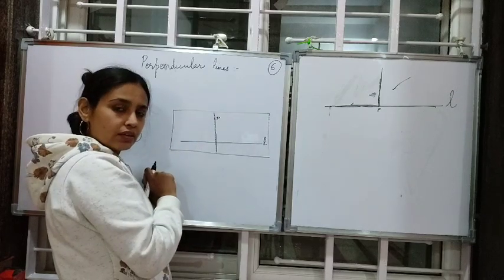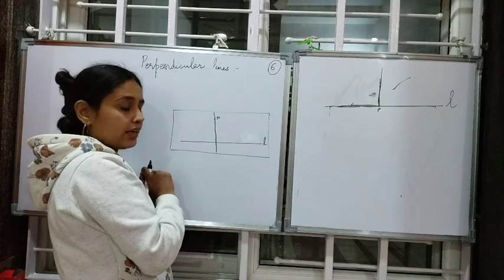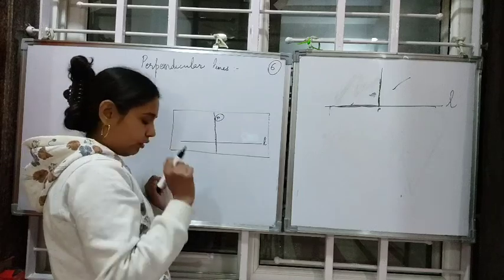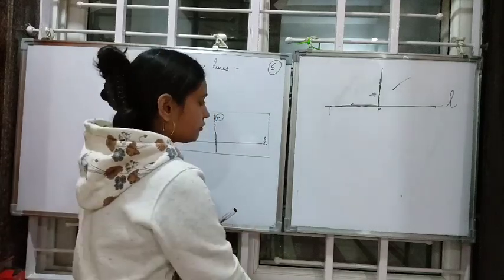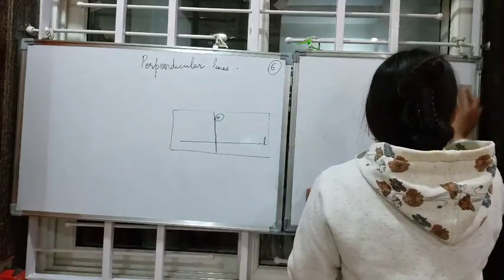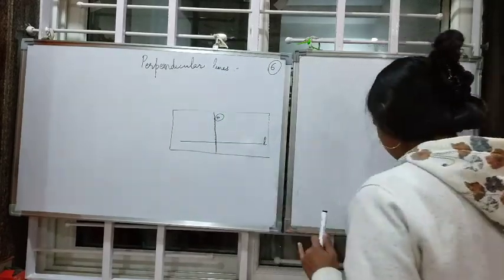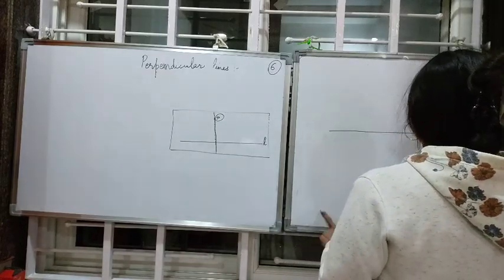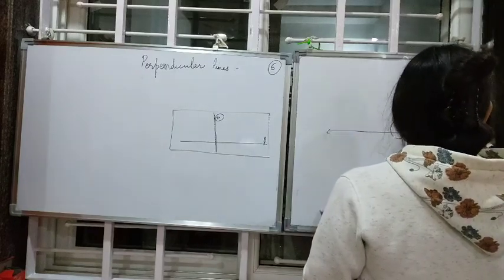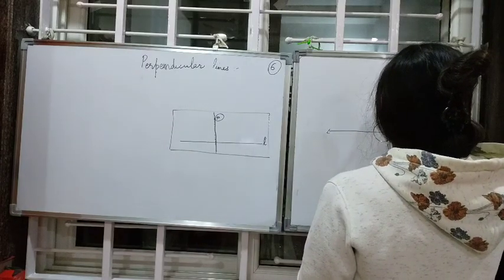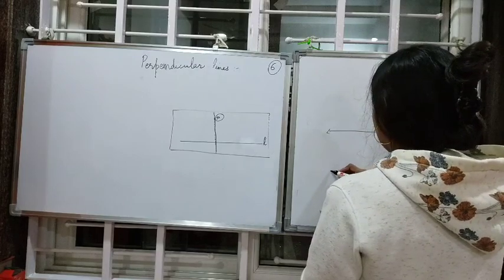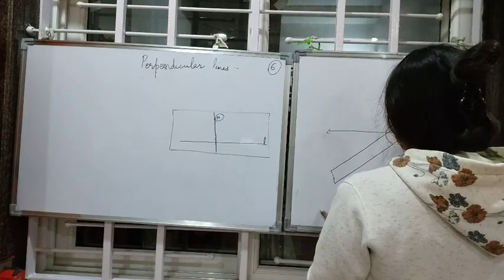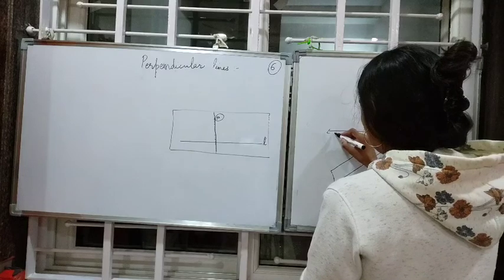Let's go to the set square method. How to draw a perpendicular line using a set square when the given point is not on the line. Suppose this is your line L and this is your point P. So fix your scale like this, and put your set square here.